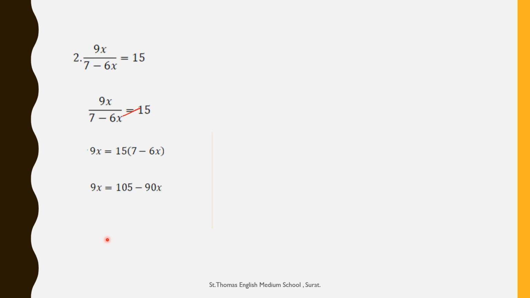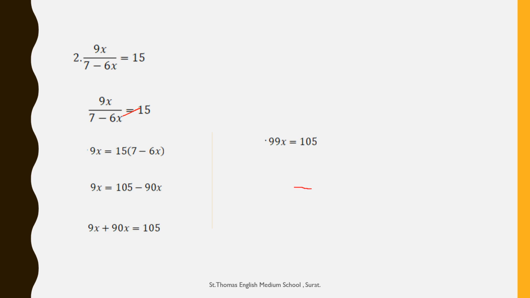So 9x plus 90x is equal to 105. Now, what is 90 plus 9? 99. So we can write like this: 99x is equal to 105. Therefore, x is equal to, this is multiplication. If it goes here, it becomes division. 105 divided by 99. Now you can cut. Both are multiples of 3.